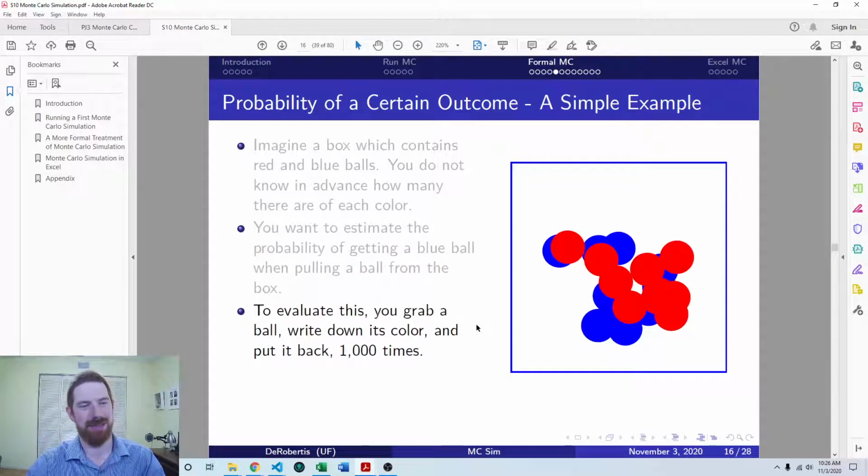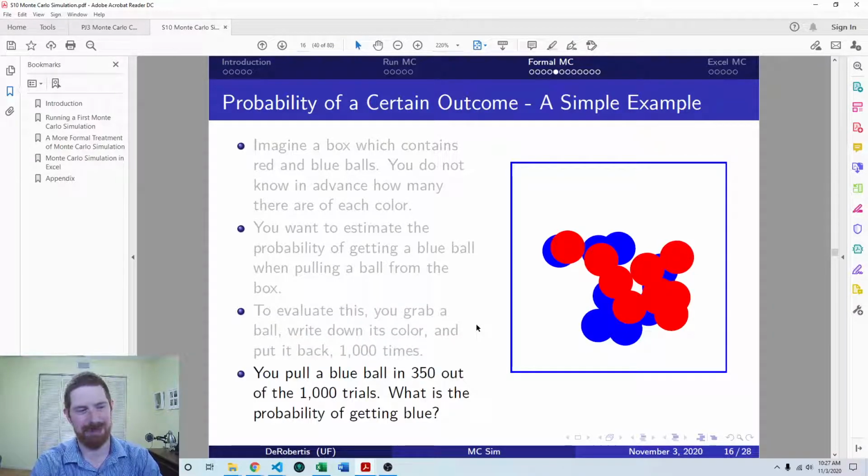So what's the process you might go through to figure this out? Well, just reach in, grab a ball. Did I get red or blue? Let me write it down. Put it back in, shake the box up, mix it up, so it's random, and pull another one out, write down its color, and just keep doing the same thing 1,000 times.